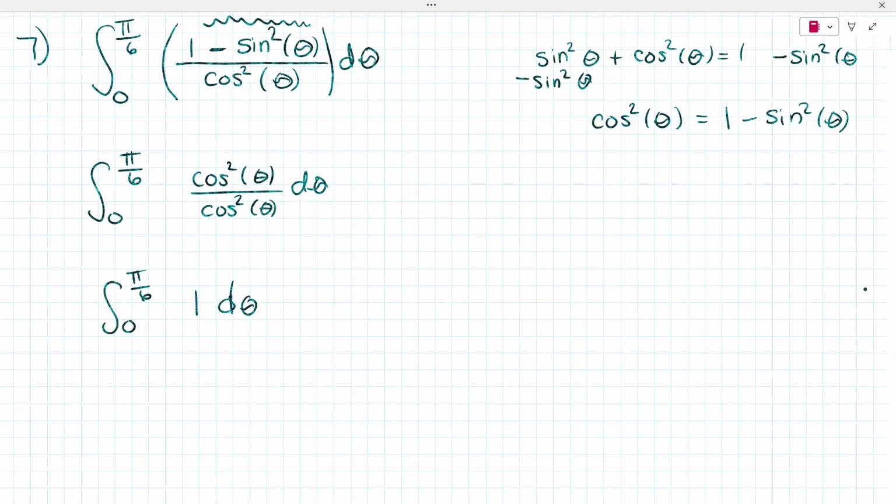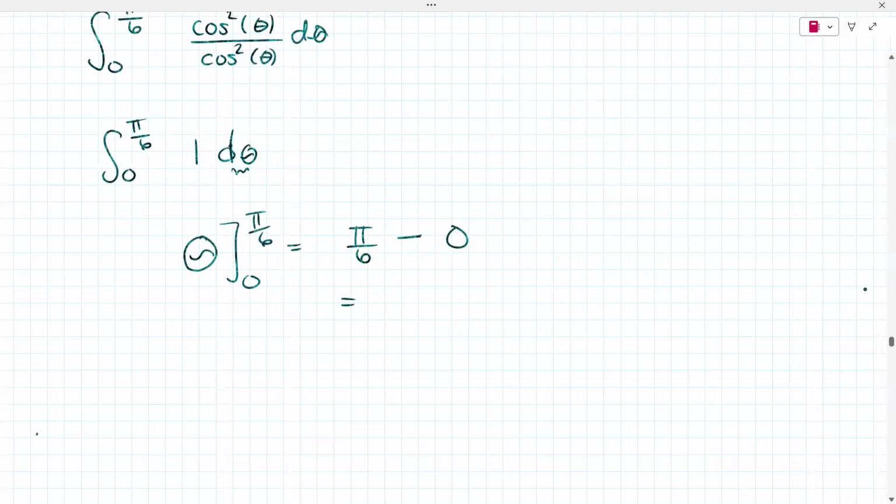And what's the integration of 1? It is theta. The reason is that we're taking it with respect to d theta. And then just apply your fundamental theorem. So that's going to be pi over 6 minus 0, which is now just pi over 6.